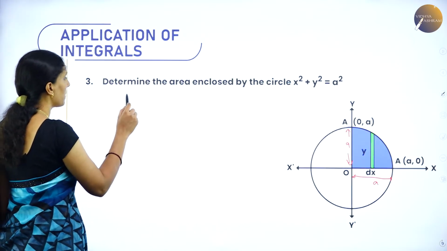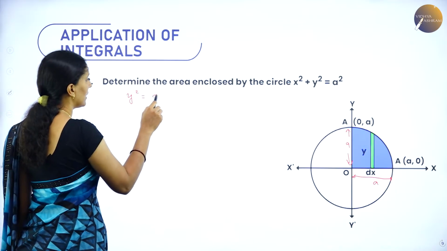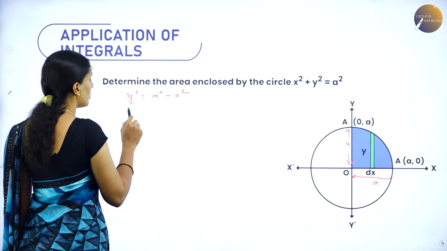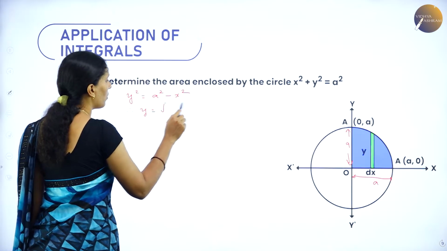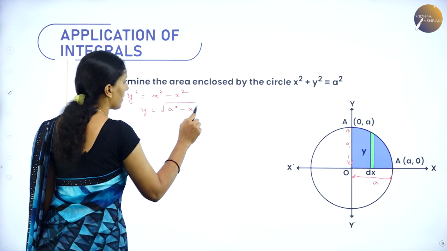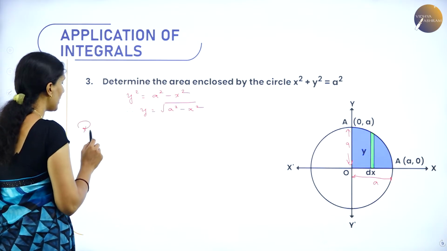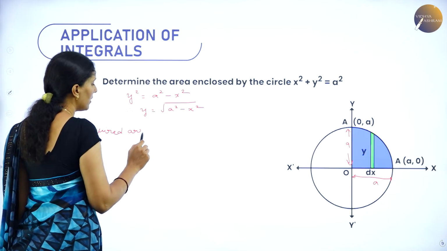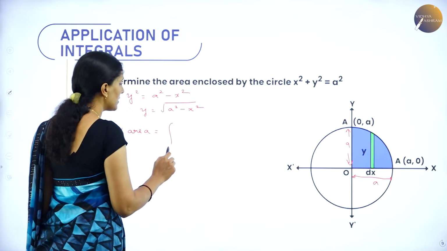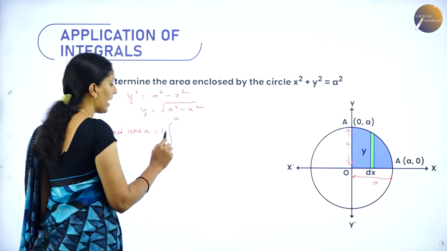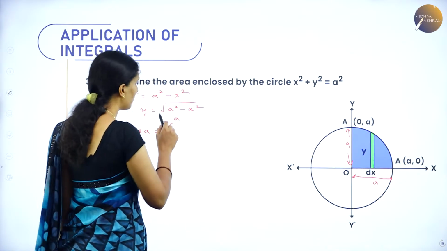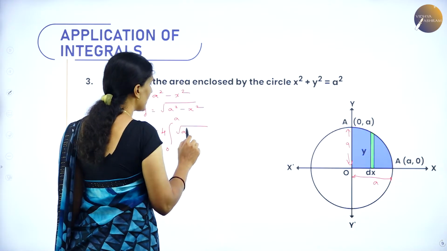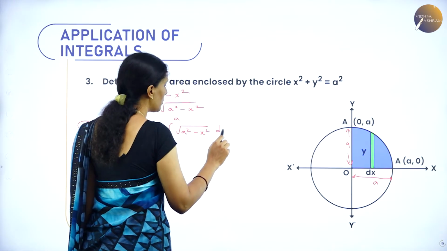So here we have y square as a square minus x square. So therefore y becomes square root of a square minus x square. Now therefore the required area is from 0 to a, and we have 4 times the part of the circle, that is root of a square minus x square into dx.